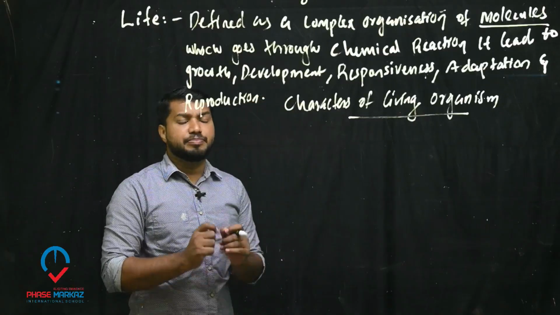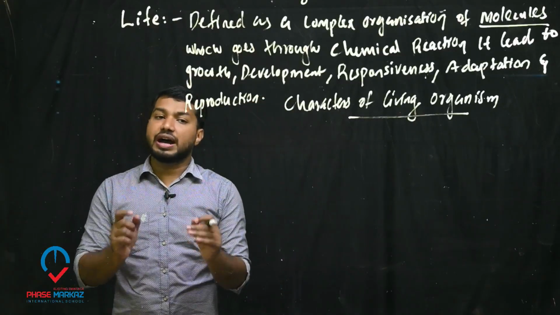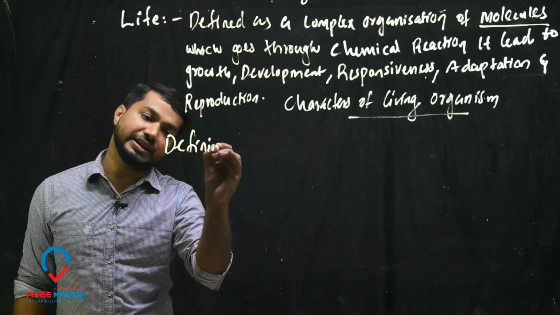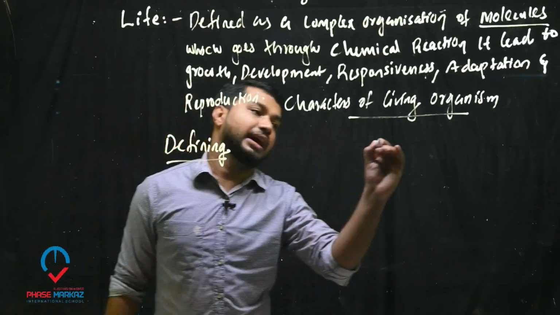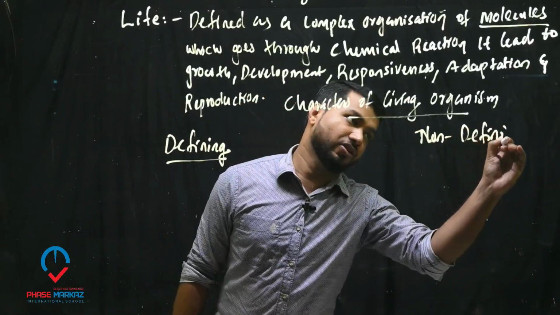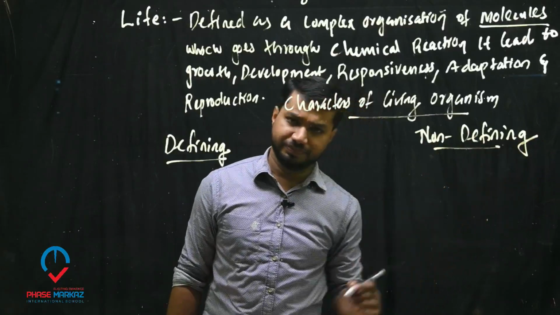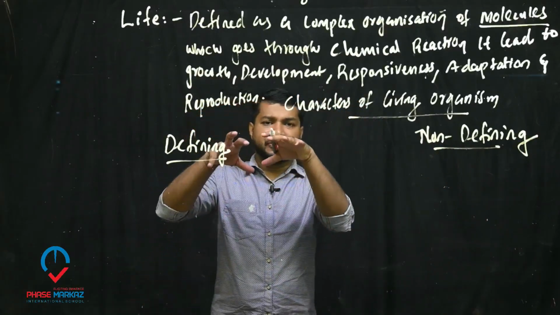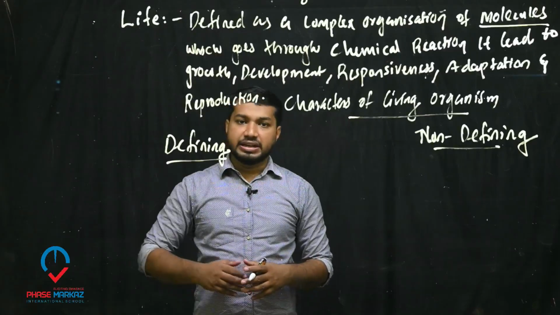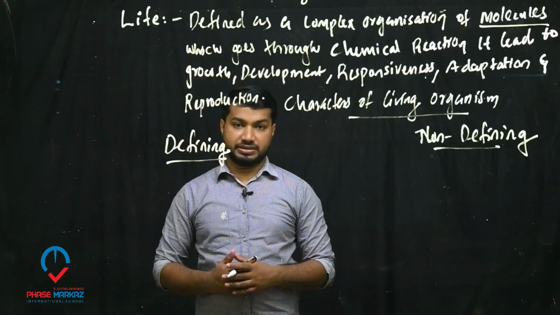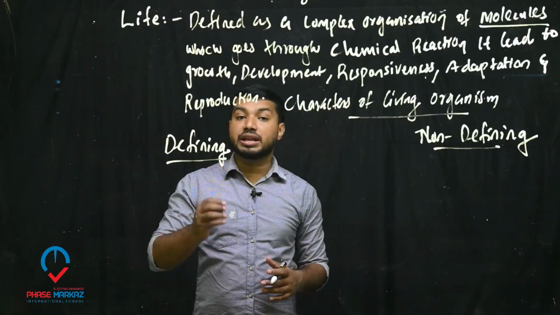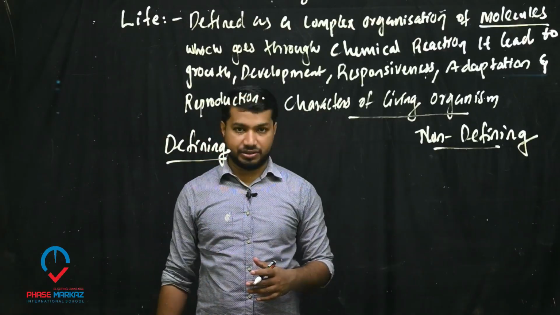Characters can basically be classified into defining characters and non-defining characters. We should know what a defining character is and what a non-defining character is. A defining character means all living organisms should exhibit the character.